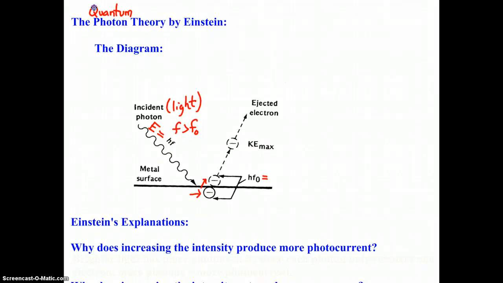So this amount of energy required to just remove the electron to the surface of the metal is called the work function. And the symbol for that is a lowercase Greek letter phi, which would be spelled P-H-I, and it's the symbol for work function. I would encourage you to add that equation to your reference table. Phi equals h f naught. All right?